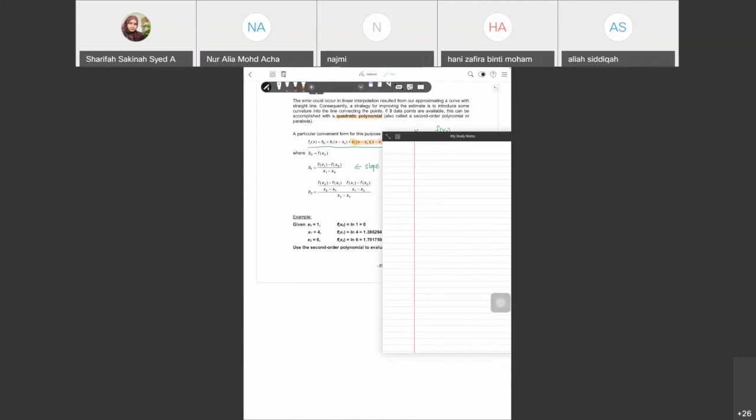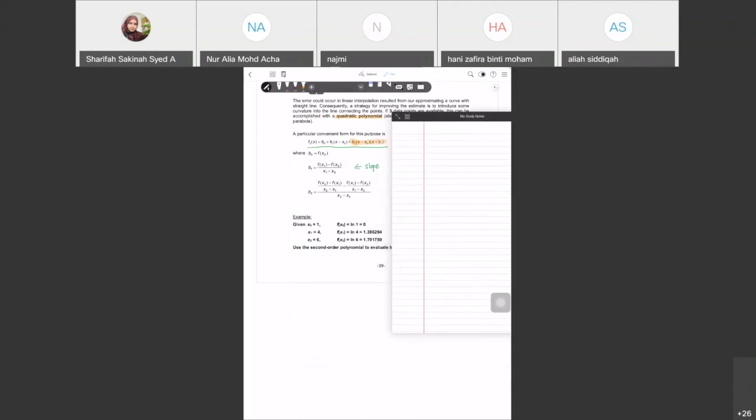Now we have the example of the question here. So we have 3 data points: x0 equal to 1, x1 equal to 4, x2 equal to 6. And then we have the corresponding f(x0), f(x1), f(x2).